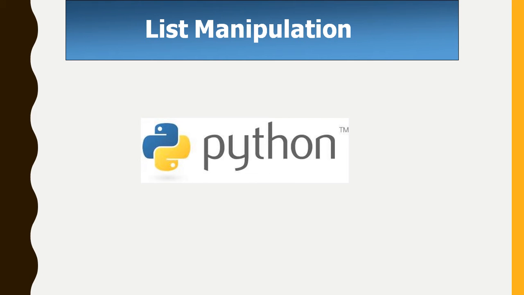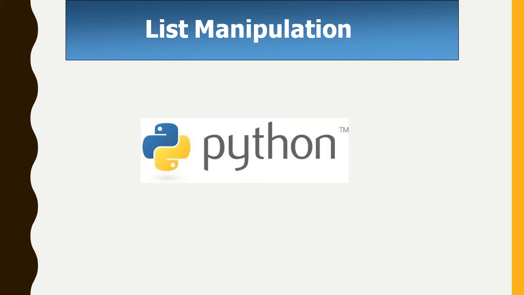And in the previous class, under Python revision tour, we have discussed string manipulation. Under that, how to traverse a string, forward indexing, backward indexing, then how to find the length of a string.